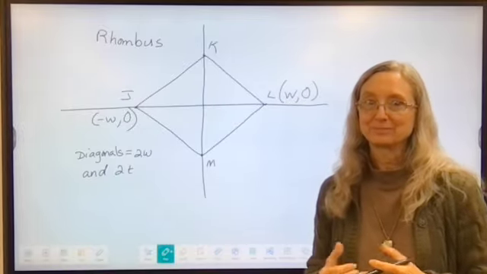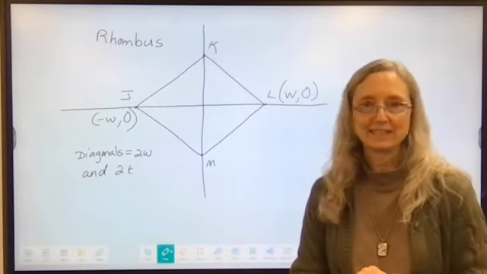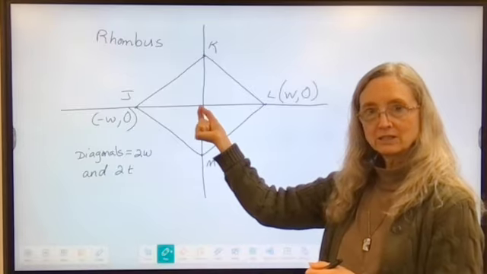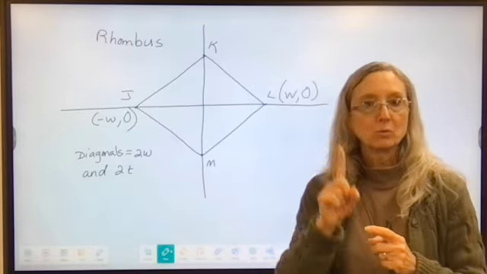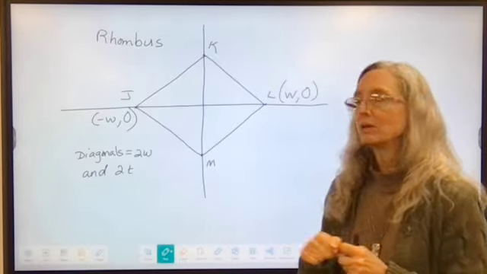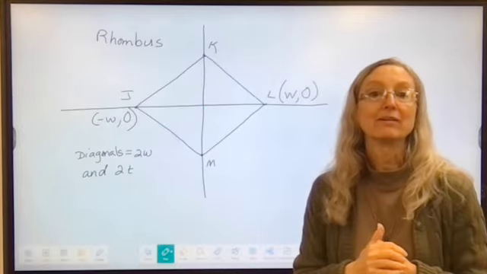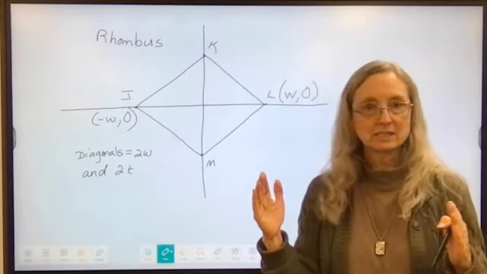See how this works? My other diagonal has a length of 2T. It's cut right in the middle at 0, 0. So I'm going to put one of my T's above and one of my T's below. So I'm going to go a length from 0 up a distance of T. Left to right is still 0.